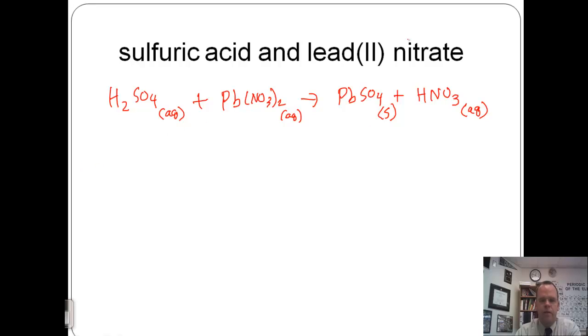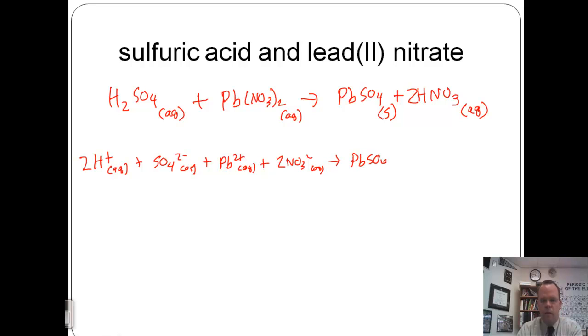Now balance the equation, make sure it's balanced. So in this case, we need a 2 in front of HNO3. Write the complete ionic equation: 2H+ aqueous, plus SO4 2- aqueous, plus Pb2+ aqueous, plus 2NO3- aqueous, forms PbSO4 solid, plus 2H+ aqueous, plus 2NO3- aqueous.